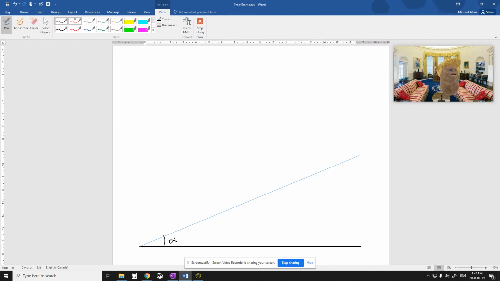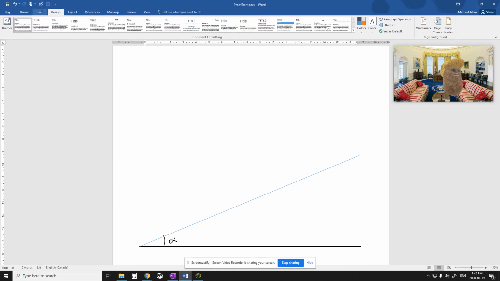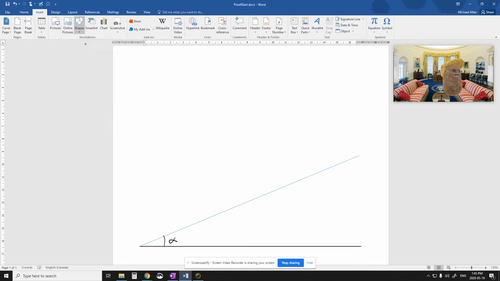Okay. So what I'm also going to do is draw another line at the end of that one, and continue on, and sweep out an angle beta, right about there.